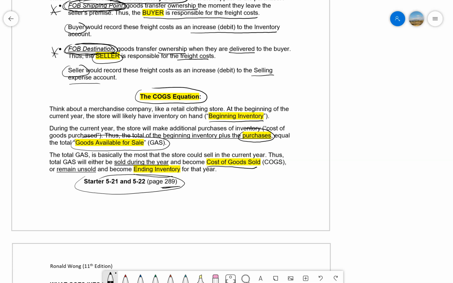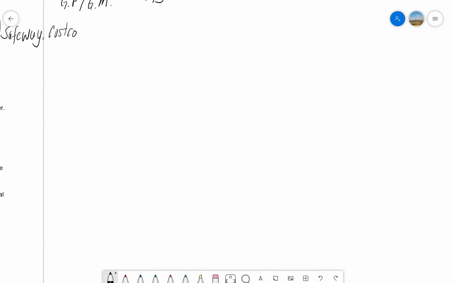Okay, let's take a look at starter 5-21. Now we know that for these two questions, we're looking at the cost of goods sold equation. In 5-21, we're told that the beginning inventory is $16,000. So this company started off with $16,000 of beginning inventory.